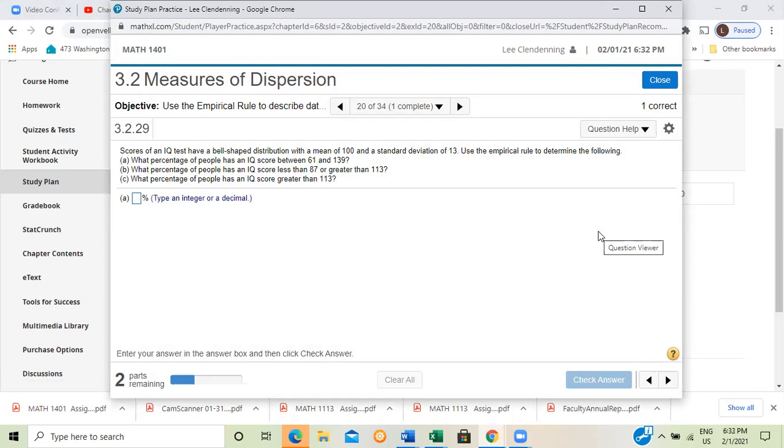Okay, we have a bell-shaped distribution, 3.2.29. Bell-shaped. Mean is 100. Standard deviation equals 13. Use the empirical rule.